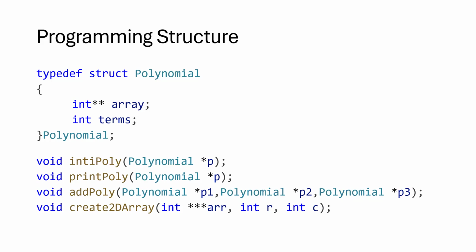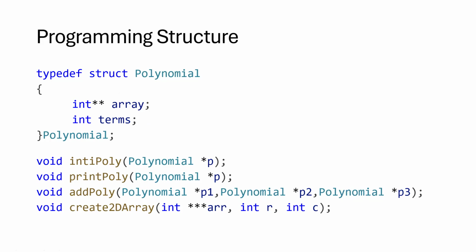Okay. So this init poly will allocate space for the 2D array, and also it will initialize the number of terms variable.